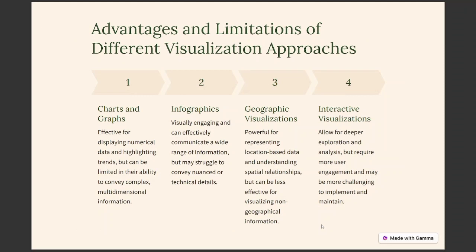Now, what are the advantages and limitations of different visualization approaches? We have already understood charts and graphs, like for numerical representations, we plot the charts. Just like if we want to know the population of Indore, or, just like in the Bombay Hospital area, how many people live.